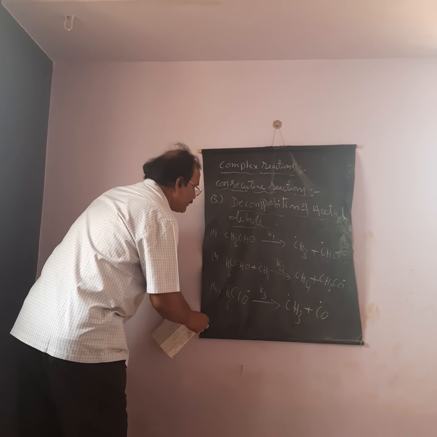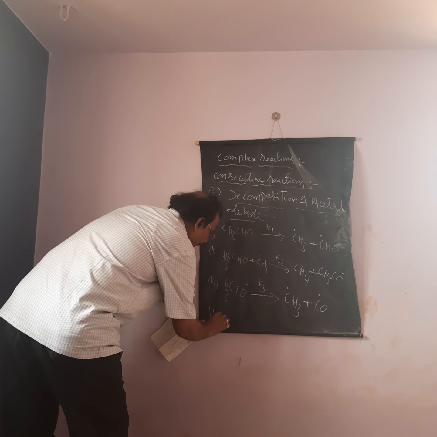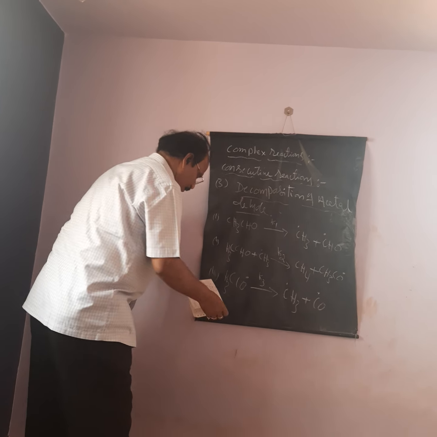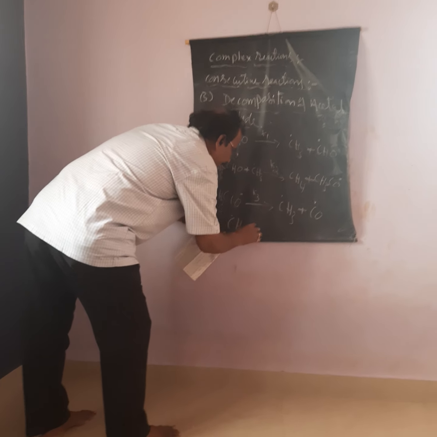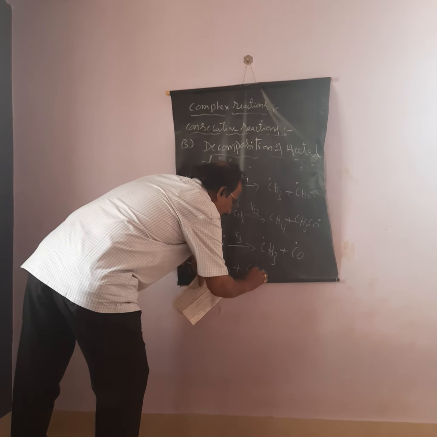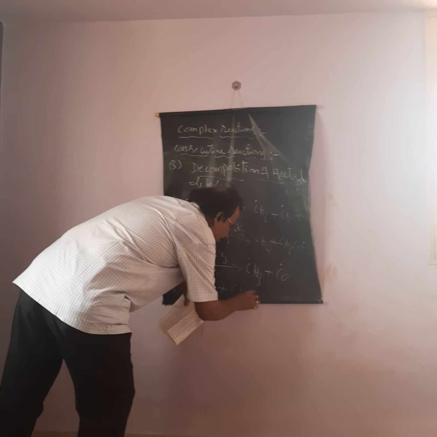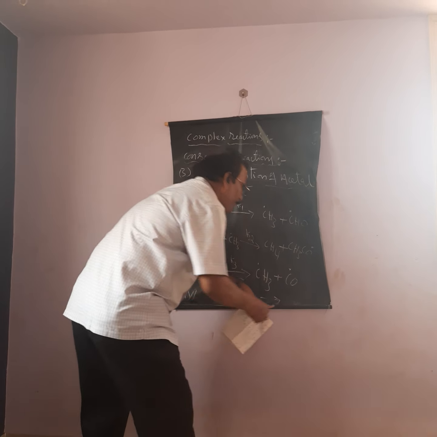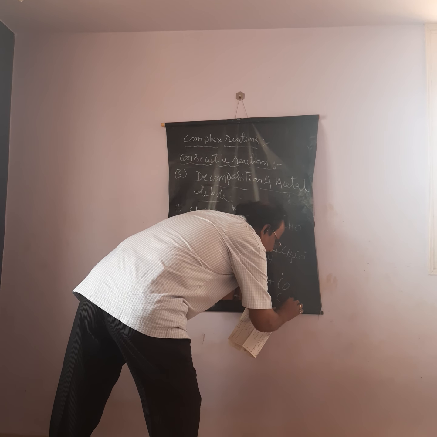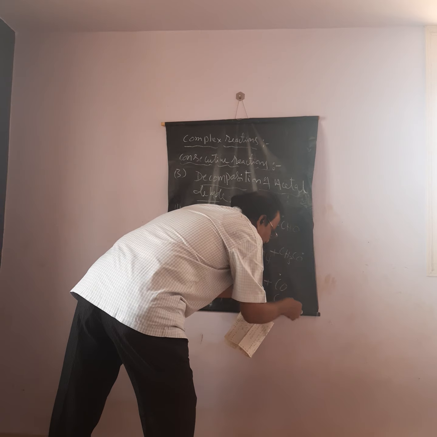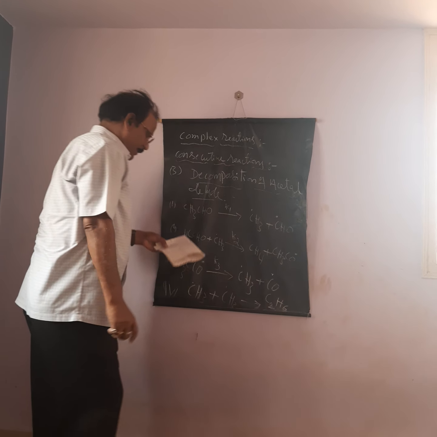In the fourth step, CH3 dot reacts with another CH3 dot to give ethane, C2H6, ethane.